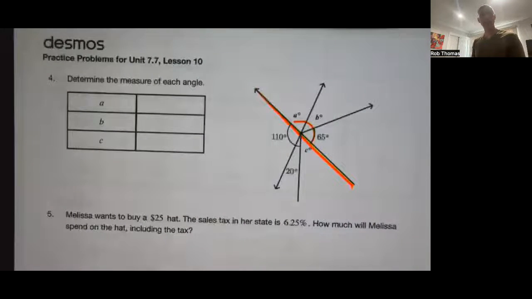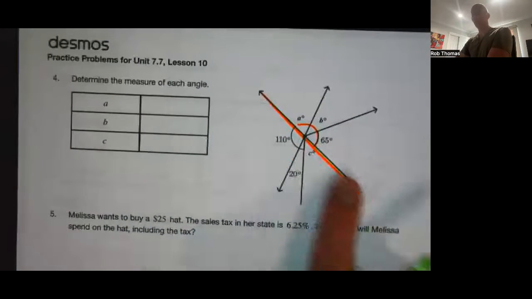And then we might need our vertical angles. Well, no, I'm not sure we're going to need vertical angles on this one. Well, yeah, we might. So vertical angles happen wherever there's 2 crossing lines in a diagram. And it took my eyes a second to be able to find where the crossing lines were.